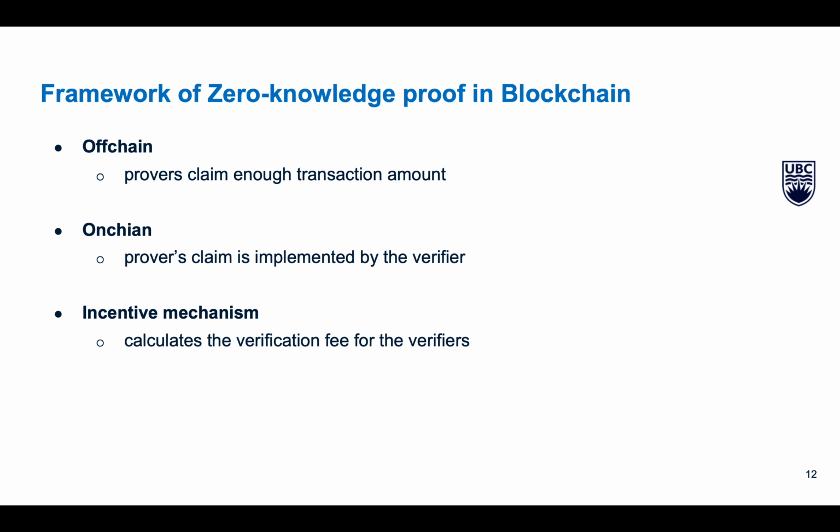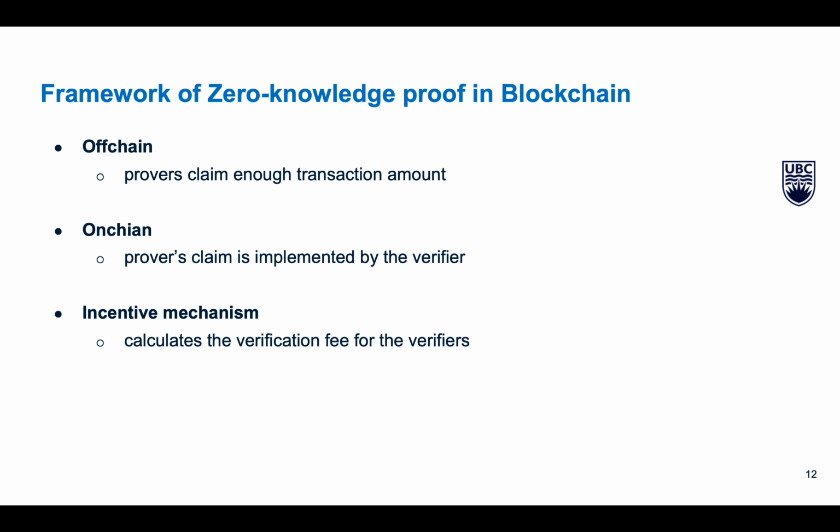And zero-knowledge proof framework in blockchain. There are mainly two parts in the ZKP architecture: the off-chain and the on-chain part. Off-chain, the prover can claim that they have enough transaction amount, and the validation requester is responsible for announcing a verification task, collecting the verification result and paying fees.